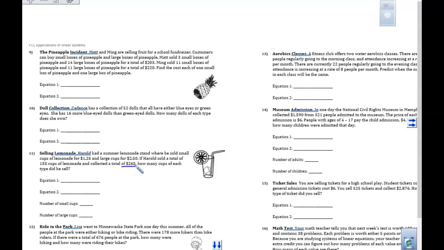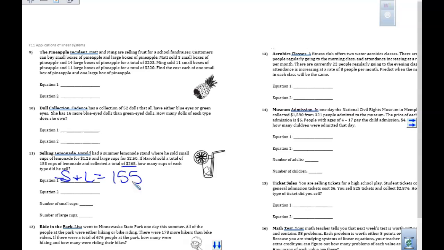So think about how many lemonades did we sell? The small plus the large, so S plus L, equals how many cups did they sell? 155.